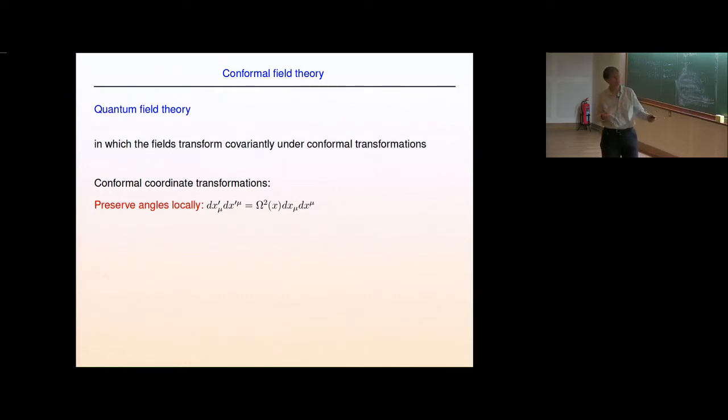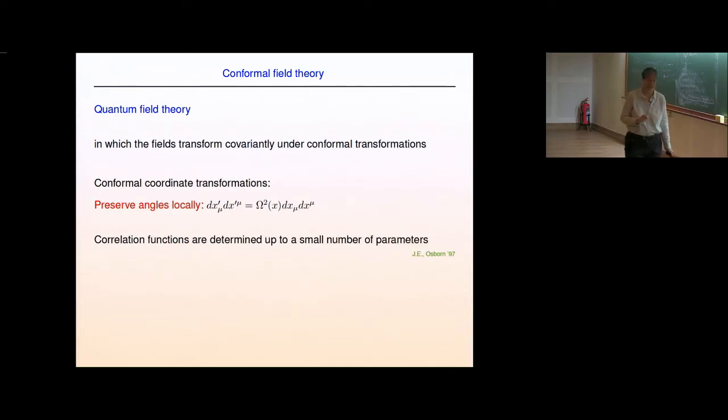If this is the transformation, then locally angles are preserved in your theory. As you can see, this is a pretty big symmetry, and certainly not every quantum field theory in physics is conformally invariant. It's a kind of generalized scale transformation.